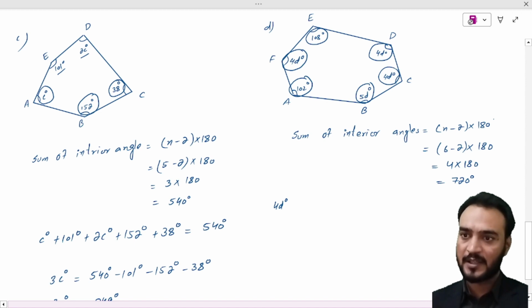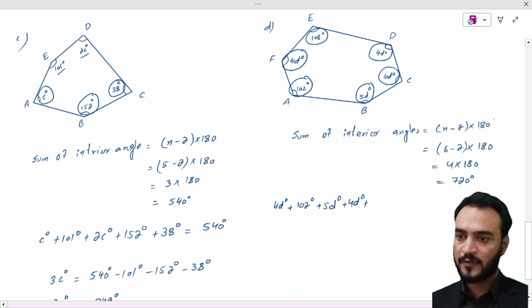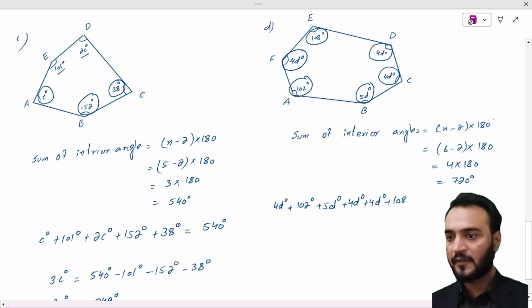We add all these angles: 4D degree plus 102 degree plus 5D degree plus 4D degree plus 4D degree plus 108 degree, and we put this sum equal to 720 degrees.